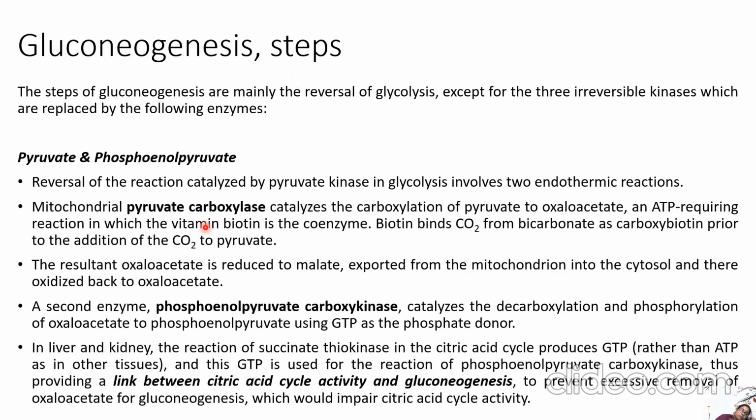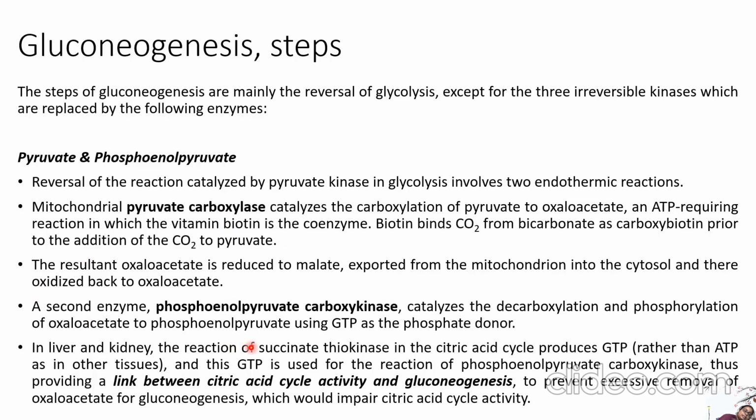The resultant oxaloacetate is reduced to malate, exported from the mitochondrion into the cytosol, and then oxidized back to oxaloacetate. A second enzyme, phosphoenolpyruvate carboxykinase, catalyzes the decarboxylation and phosphorylation of oxaloacetate to phosphoenolpyruvate using GTP as the phosphate donor.